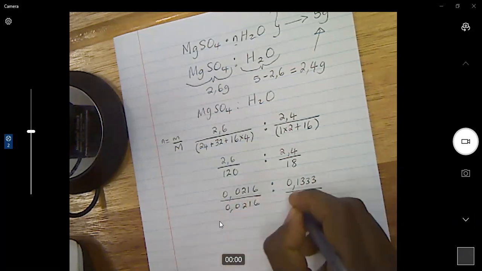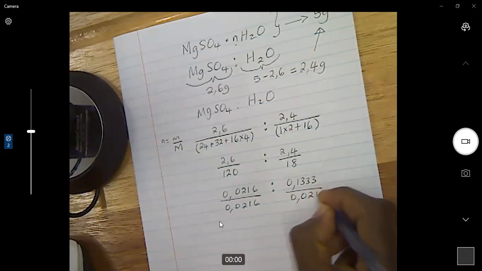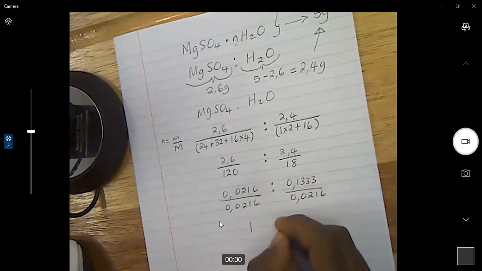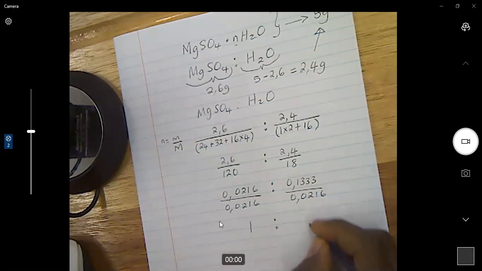You divide here by 0,0216. Right here, you're going to get a 1. And here, you get 6,16.